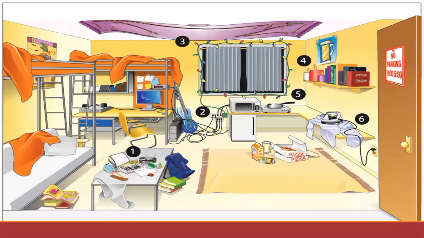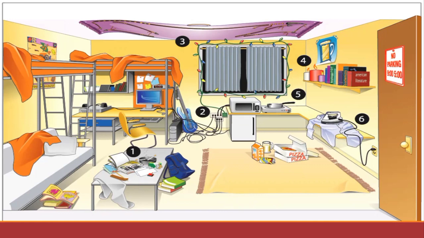So in this picture, what do you see are the fire hazards? Let's say, for example, that there is already a fire existing inside. What do you think are the possible fire hazards? You might also see the labels there.